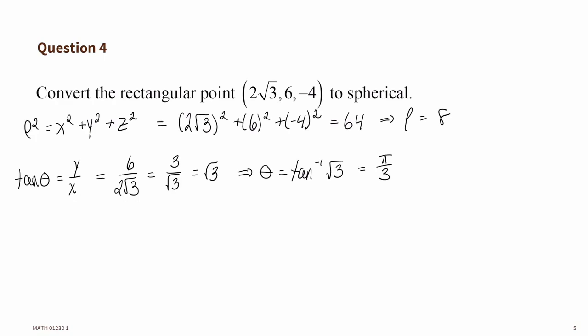How do you find phi? Z over rho. You can do the inverse cosine. Cosine phi is equal to z over the square root of x squared plus y squared plus z squared.